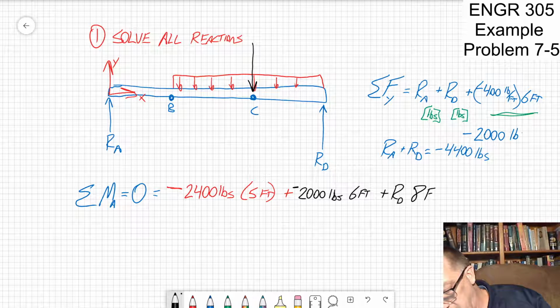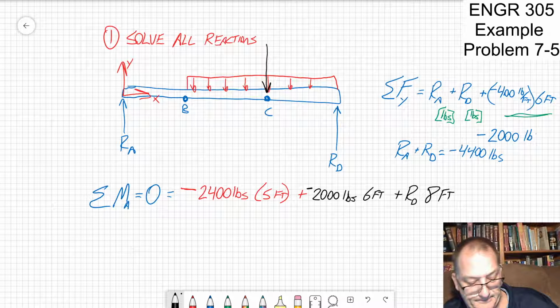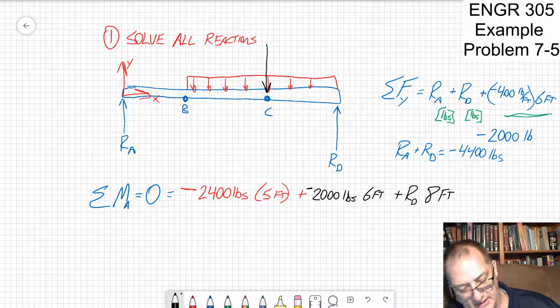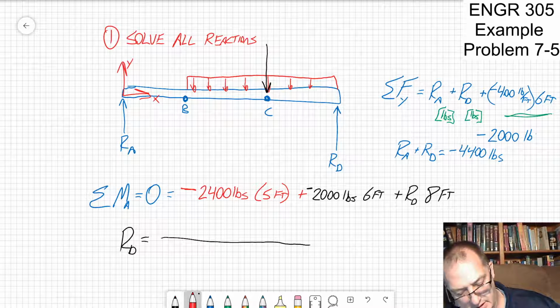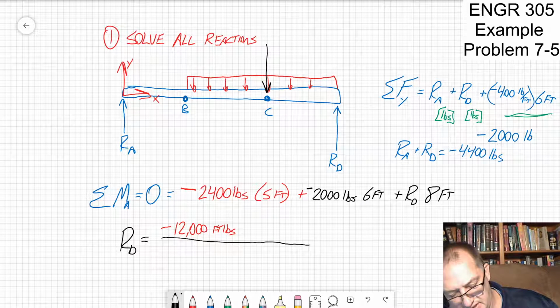Eight feet. So that would tell me, I know that RD is in pounds too, equals 0. Let's just rearrange it all at the same time too. We're going to do RD is equal to, I'll keep my red, minus 2,400 times 5. That's going to be 12,000 foot-pounds. That's the first term. The second term is also 12,000.